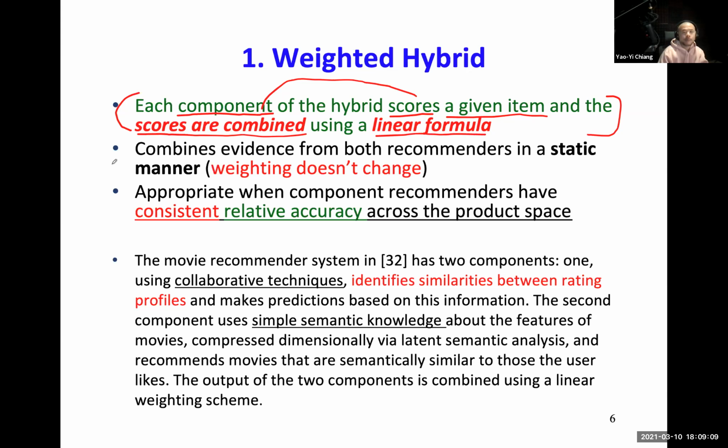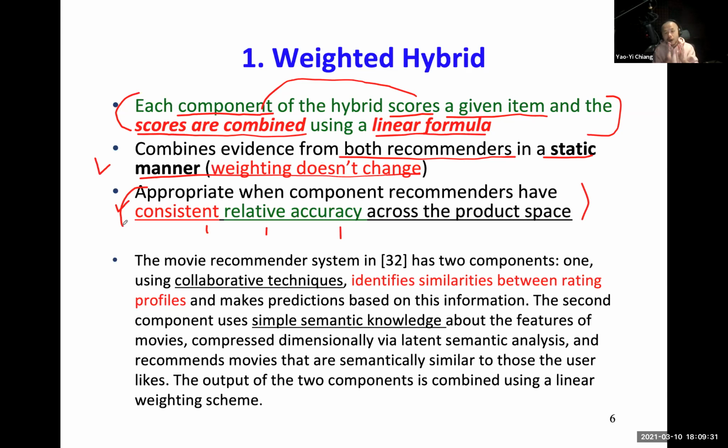And this means we can combine evidence from both recommendation systems in a static manner. That means the weight doesn't really change. This is appropriate when the component recommendation systems have some consistent relative accuracy across the product space. So this is the important part.